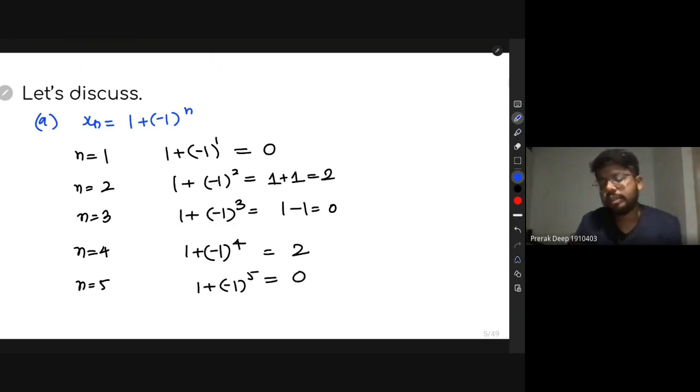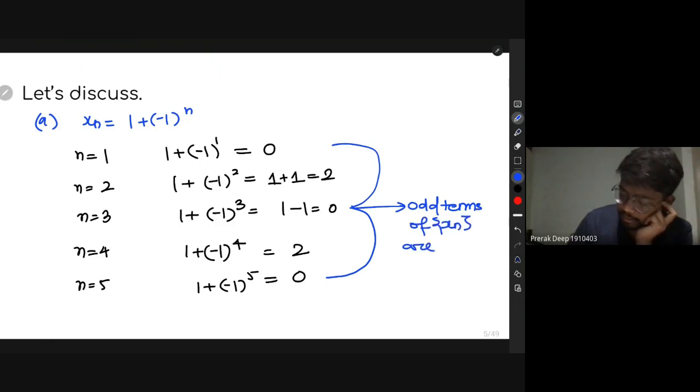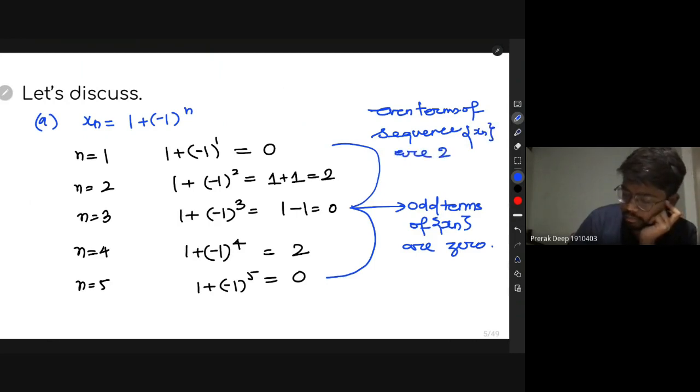We can notice one thing from this: the odd terms of the sequence xn are 0, and the even terms of the sequence are 2.